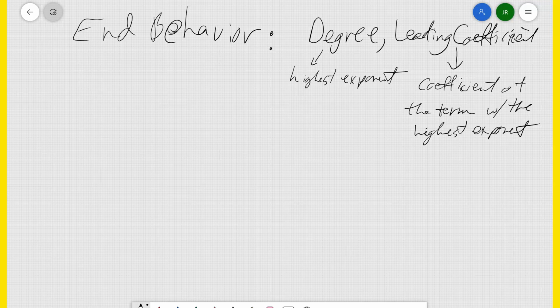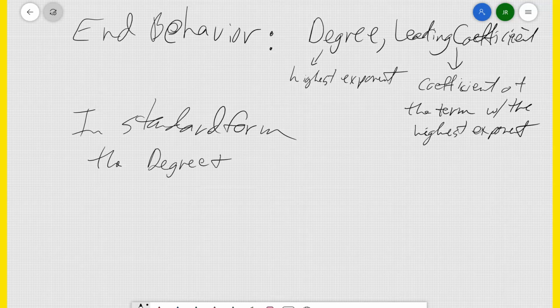Okay, so when the term is in standard form, the degree and leading coefficient occur in the first term. Because in standard form, you go in descending order according to the degree. You put the highest exponent term first, then the next highest, then the next highest, and so on and so forth.